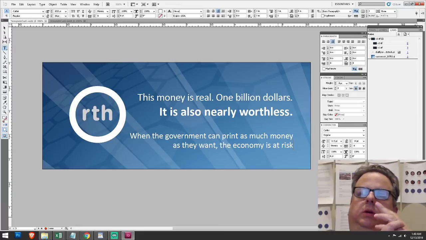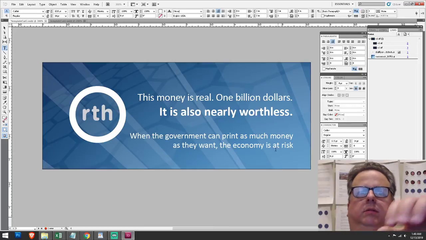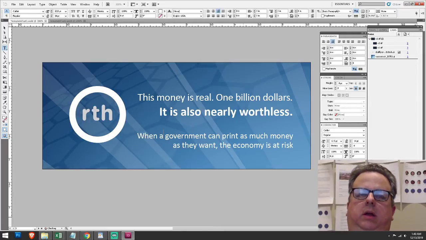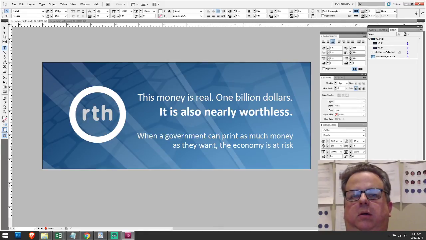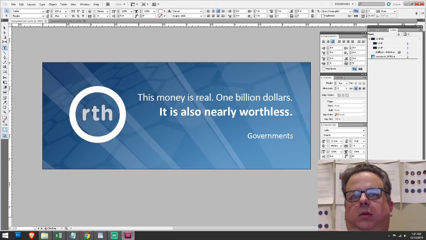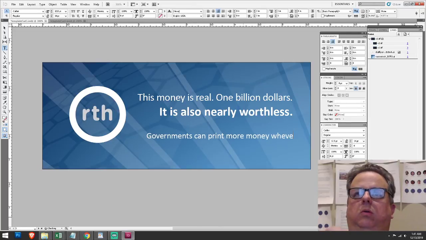This money is real. $1 billion. It is also nearly worthless. When a government, when any government can print more money whenever they want.